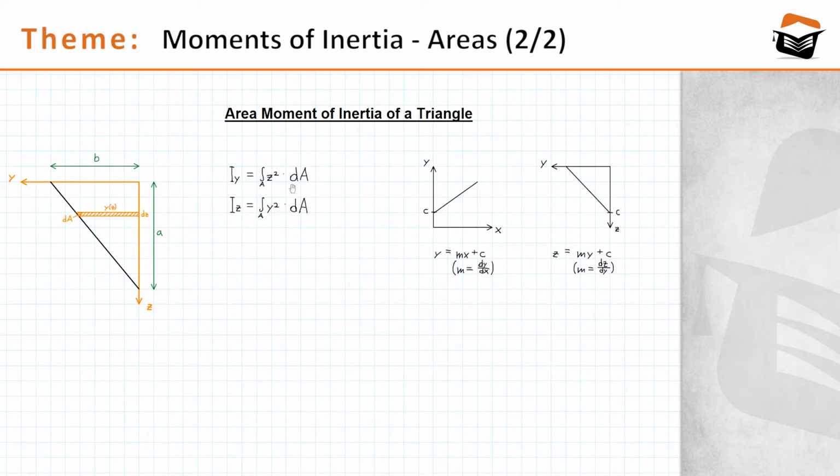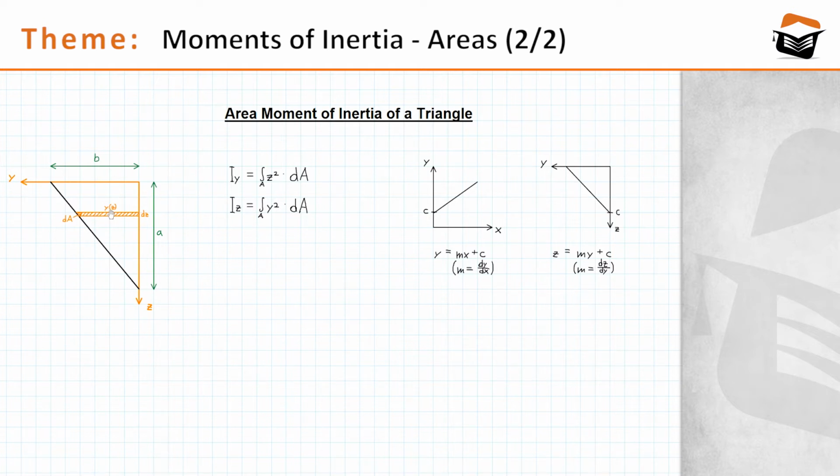To do so, you need to know that the infinitesimally small area element dA is the product of its height, which is dz because it's on the z-axis, and the width of the area element, which is basically the y value.